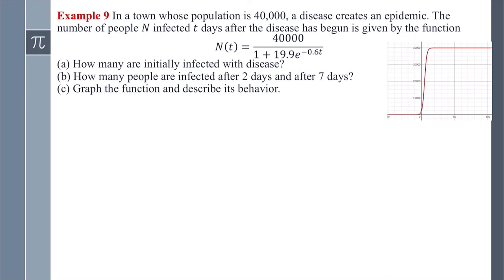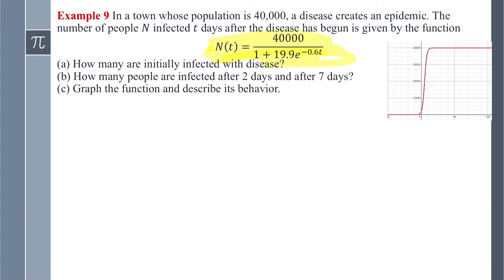Let's look at one more example of an exponential function application. This type of function is usually called logistic growth. Sometimes we use this for logistic population growth, but here it is about the growth of a disease, the growth of infected people.